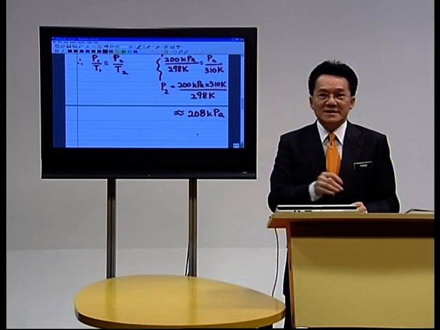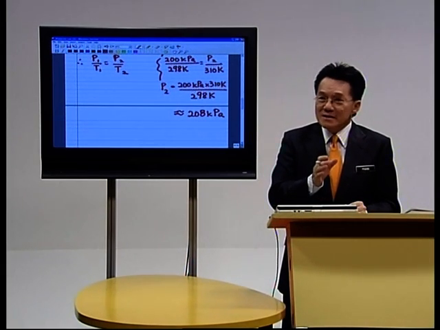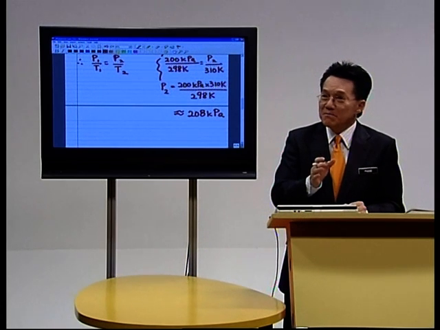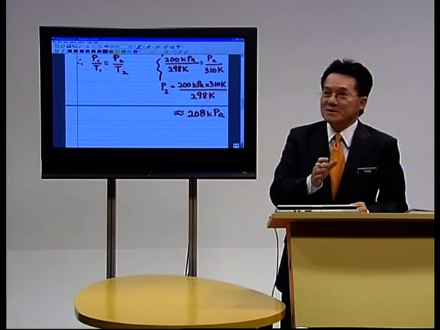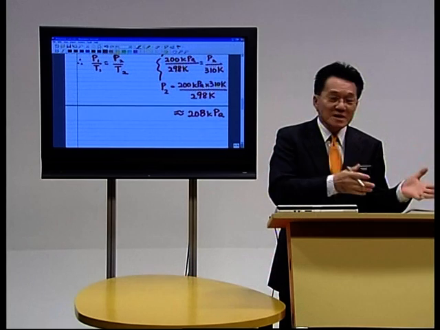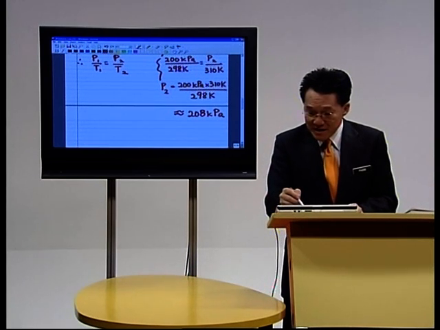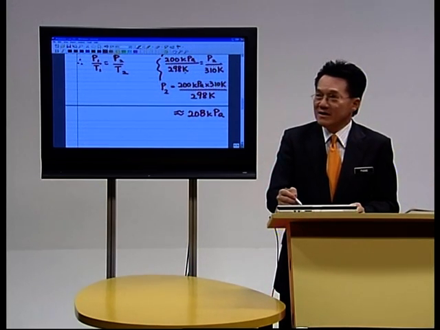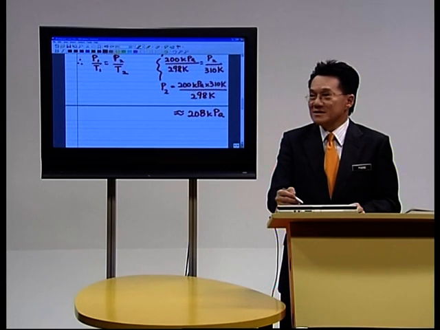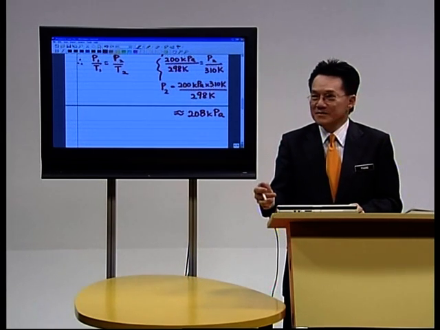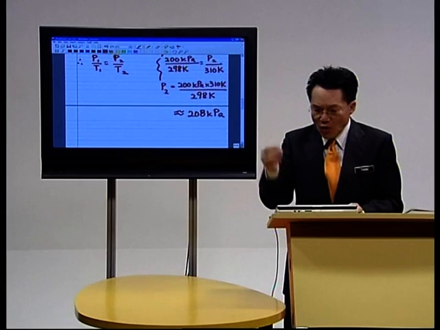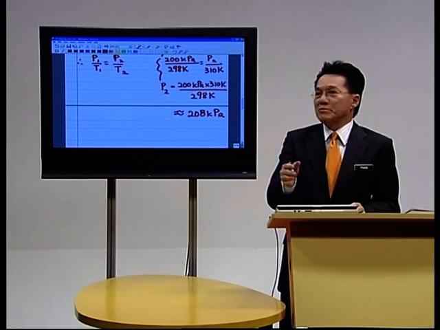It's actually very easy. But from Perlis to Sabah, what happens? Most students from Perlis to Sabah, they make the mistake, they didn't change this to Kelvin. They leave it in degrees Celsius and they get a different answer. And it's wrong. So always remember absolute temperature.